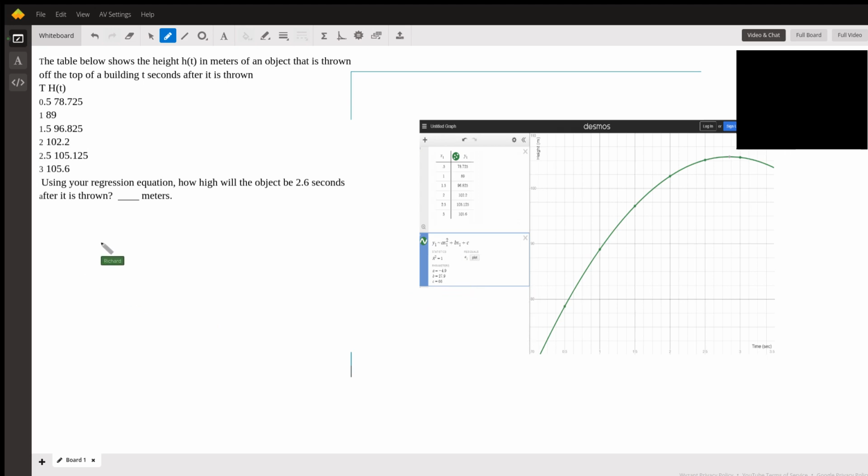So I'm going to write that down here. Let's use the variables as given. H of t is going to be negative 4.9 t squared plus 27.9 t plus 66.